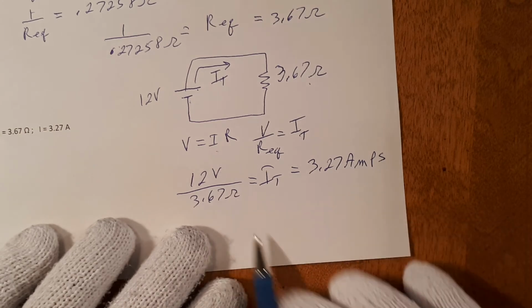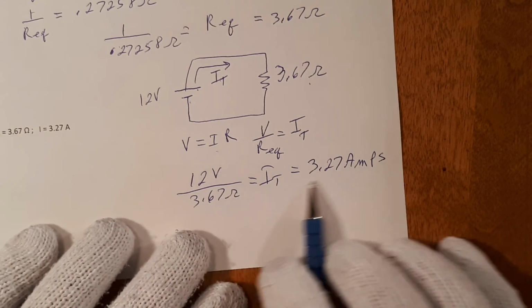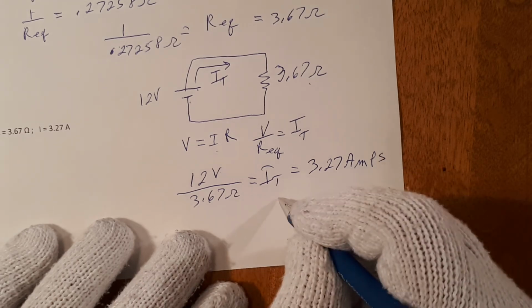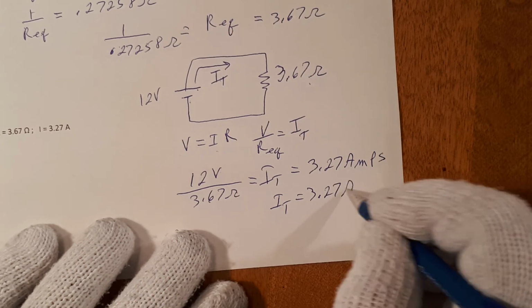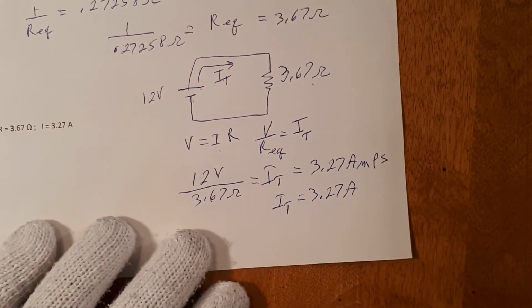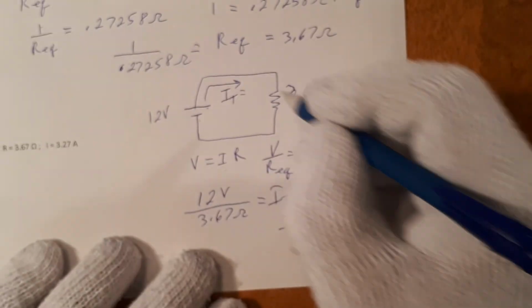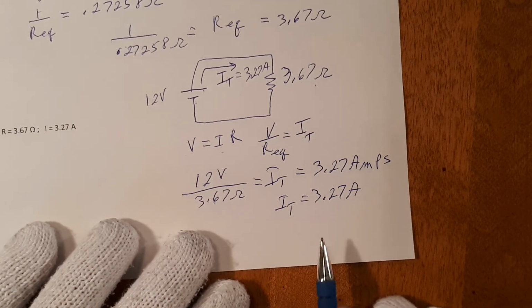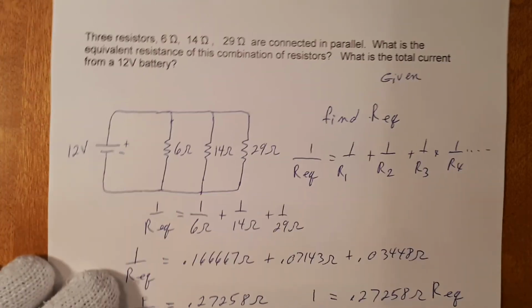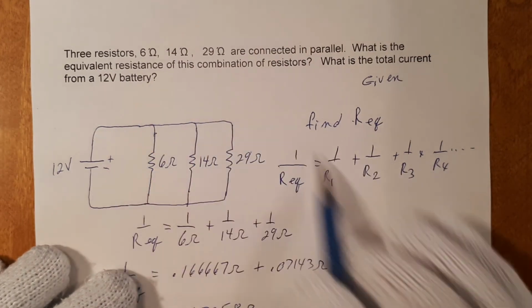Voltage divided by ohms will give us amps. That is the proper unit for current. Or it can be written current total is equal to 3.27 A for amps. And that is the current being drawn here, 3.27 amps. Back to our question. It says, what is the total current from the 12-volt battery? We have just solved that.